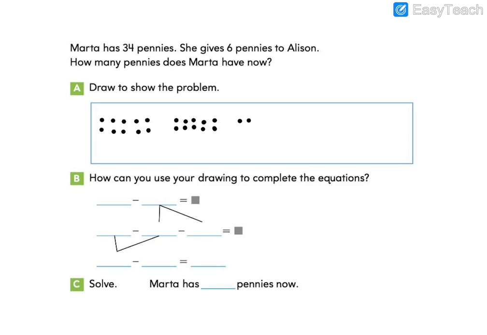I know I have 3 groups of 10 and 34. And 4 ones. And I know that she's going to give 6 of these pennies, so I'll circle the 6 she's going to give away to Allison.